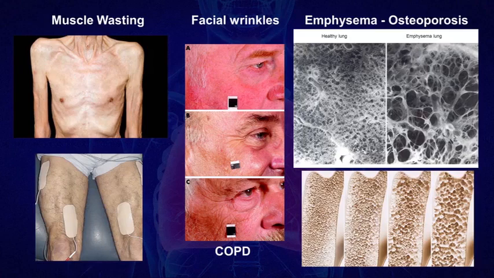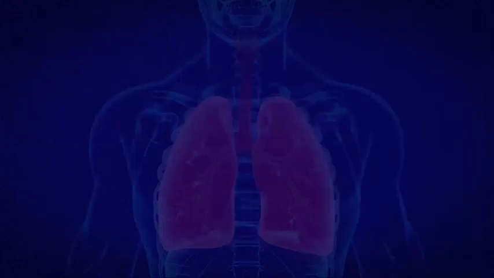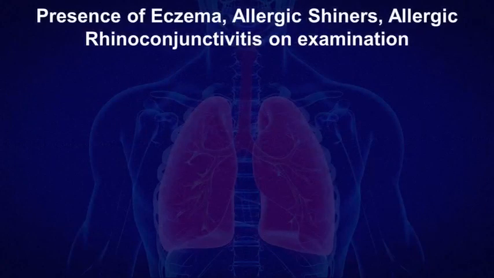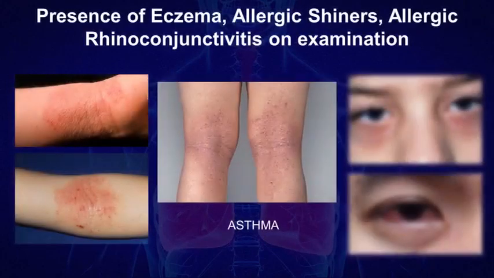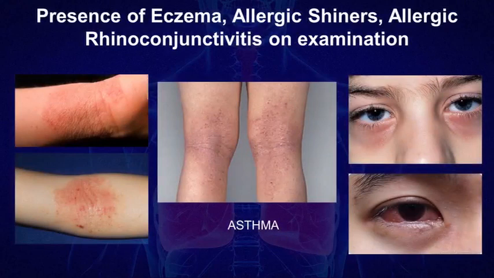So if your patient has got osteoporosis, has got facial wrinkles, has lost a lot of weight, and there's hardly any muscle left on the thigh, then you know that this is more likely to be COPD than asthma. On the other hand, if your patient has got all these signs of eczema, either on the wrist or the ankle or the elbow, or you can see what are called allergic shiners just below the eye, or there is presence of allergic rhinoconjunctivitis.